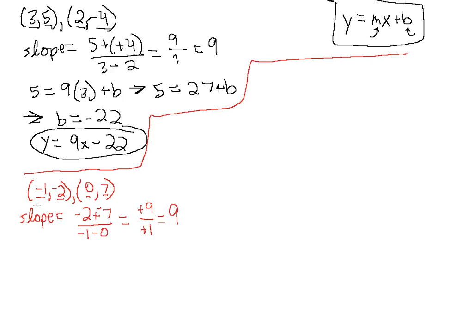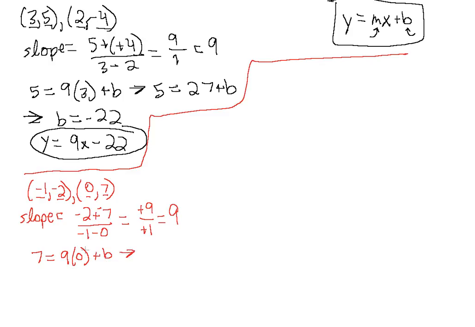So we know the slope, and we have 2 points. We just need 1, so let's plug into our equation. Let's use (0, 7). More zeros and fewer negatives is always good. It tends to make math easier, and that's what mathematics is all about. So let's plug these in. We have 7 for our y value, and then our slope is 9 times 0, plus b.